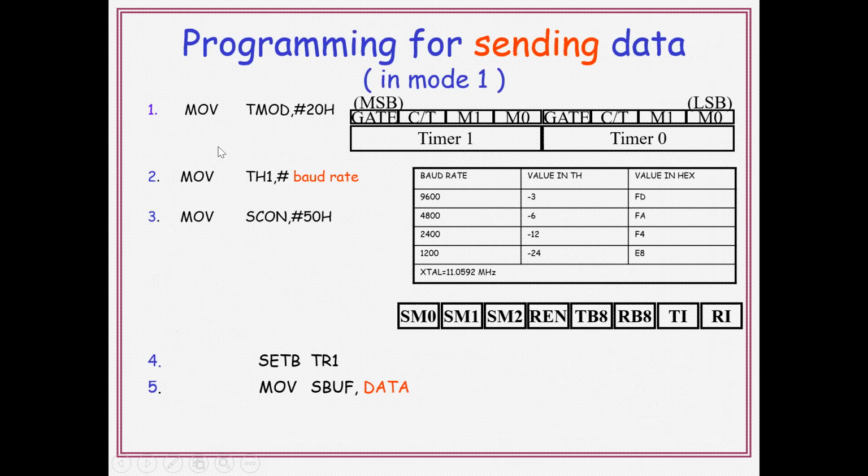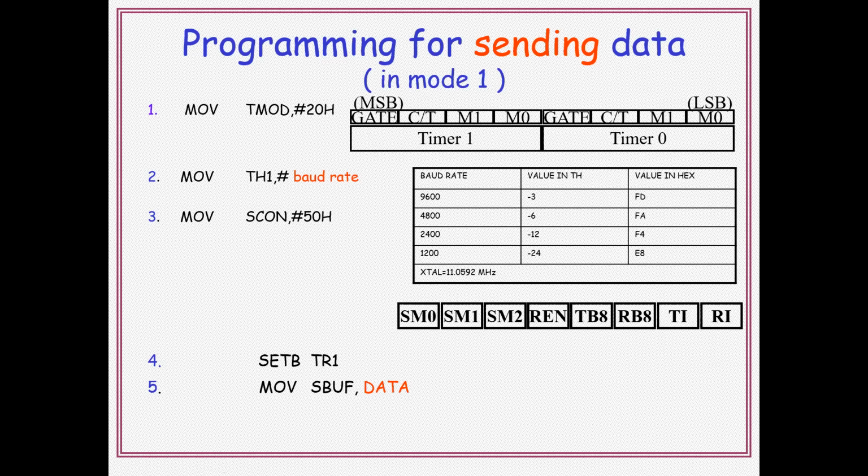The first step is to initialize the mode register with 20H. Here we are selecting timer 1 mode 2. In the TMOD register, the first bit is GATE, which is 0, enabling the internal timer control. C/T bar is 0, which selects the timer.